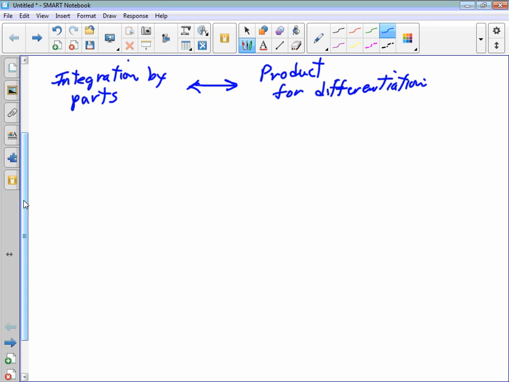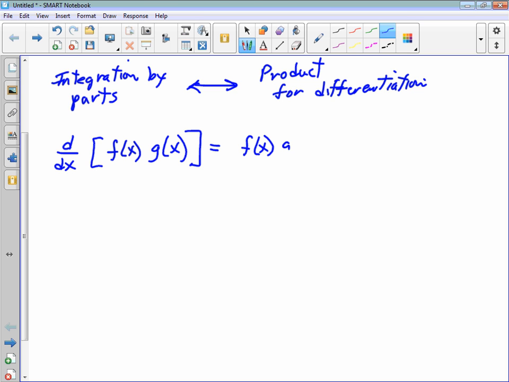Okay, so you recall in integration by parts that if you were doing the derivative, not the integral, of some function f of x times g of x, it's a product, so you use the product rule, which as you recall was the first function times the derivative of the second plus the second function times the derivative of the first. And you all did very well when we went through the product rule.